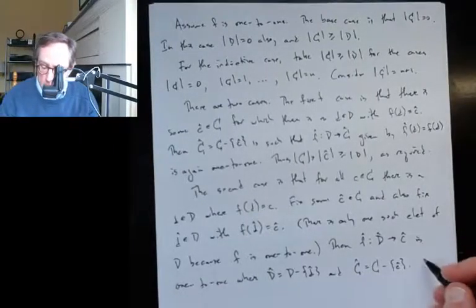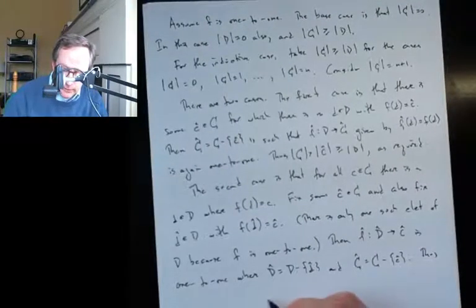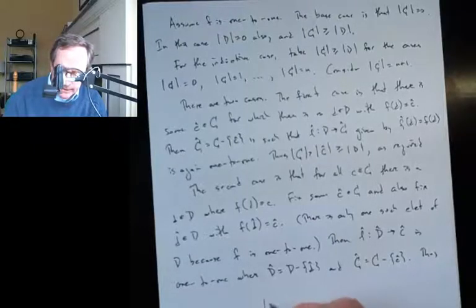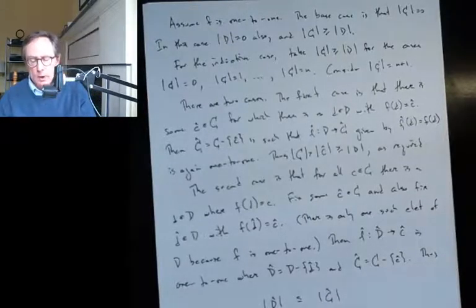Okay. Thus, I'm looking at the size of D hat. I like D hat on the left. The size of D hat is less than or equal to the size of C hat by the inductive hypothesis, because they each have one element fewer. In particular, this guy here has one element fewer, so we fall back to the inductive hypothesis.